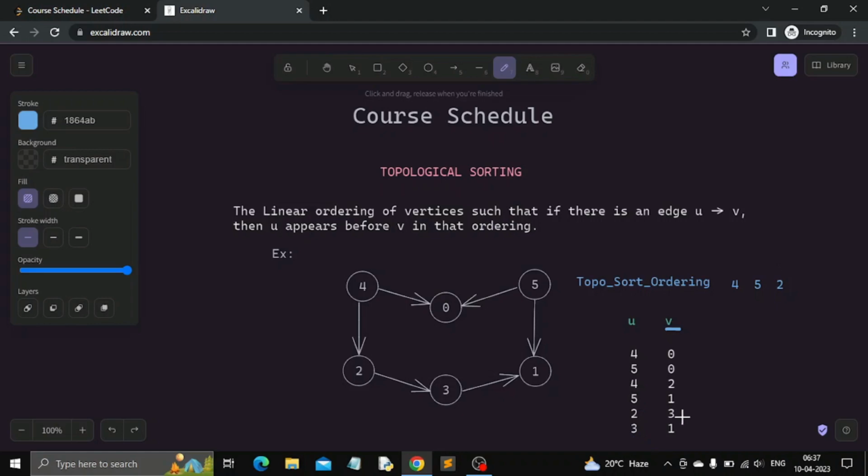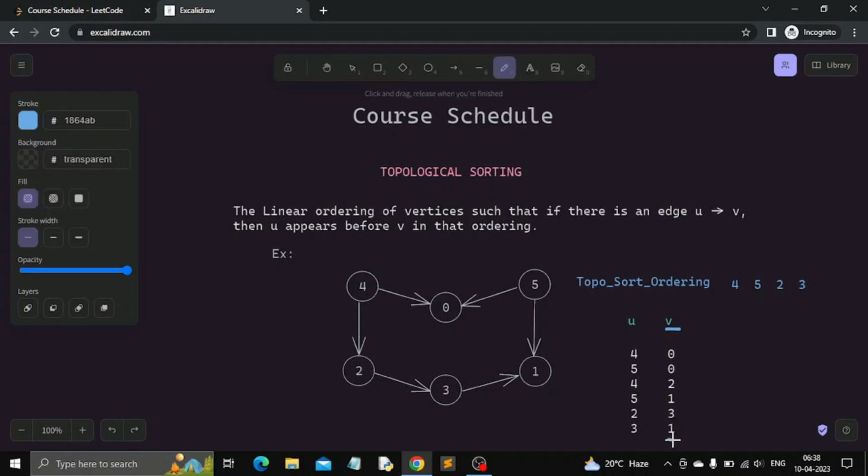But here, as you can see, vertex 3 is dependent on vertex 2, and as we have already reached vertex 2, it means that in our ordering the next node that we can have is vertex 3.